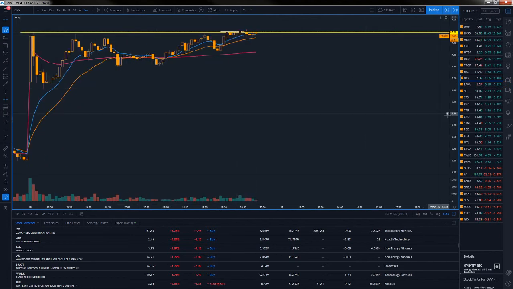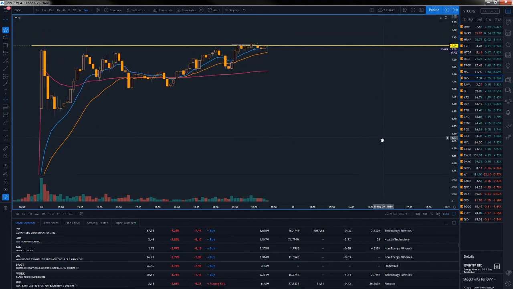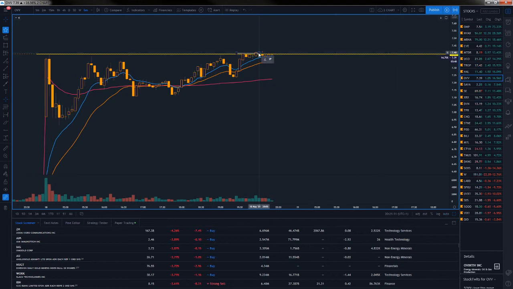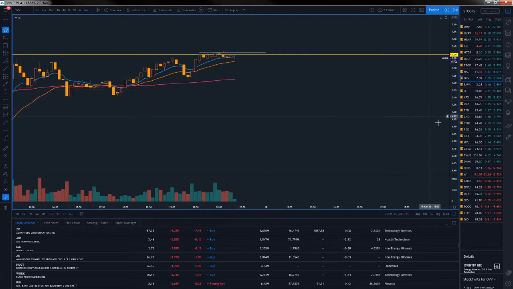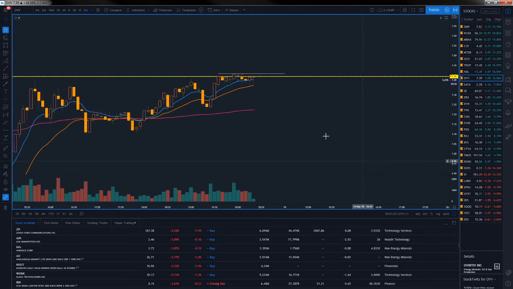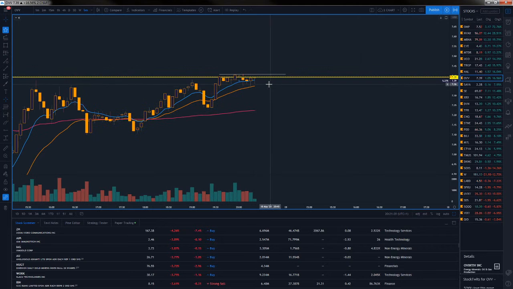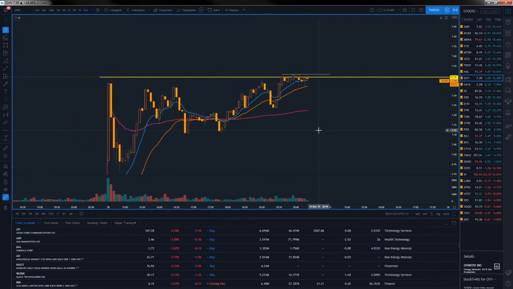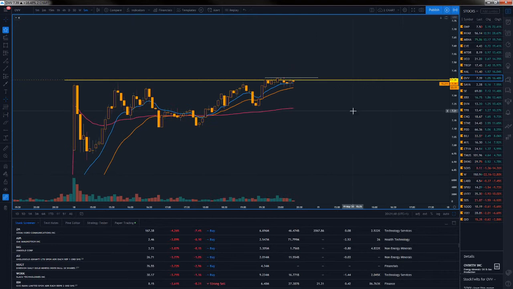This is still teasing above, right below this resistance. You see, look, it just swept that little swing low that we put in before the break. Maybe it was just a little bit too tight. If it does pop here and closes before or in the next few minutes, I will re-enter.